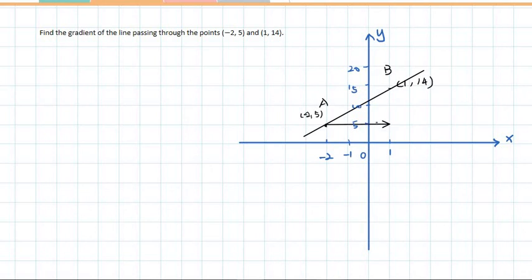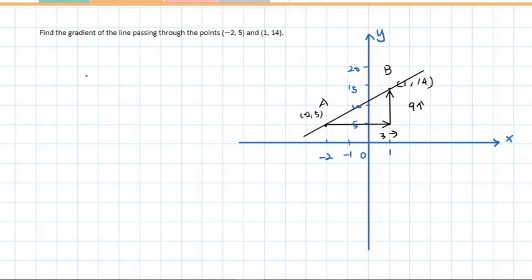That's the horizontal difference between point A and point B. Next we see the vertical distance between point A and point B. Looking at the run, from -2 to 1, it has to go 3 units to the right, and from 5 to 14, it has to go 9 units up.